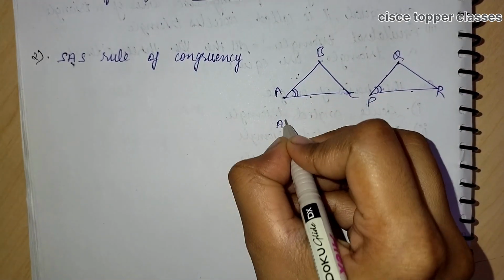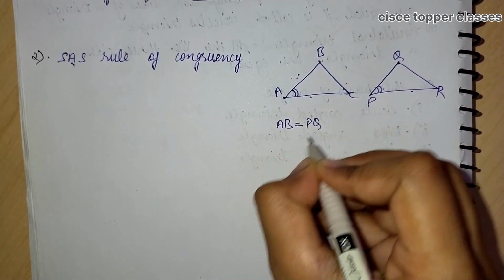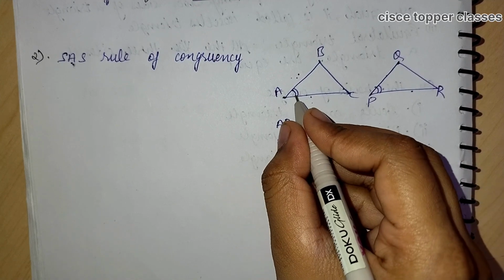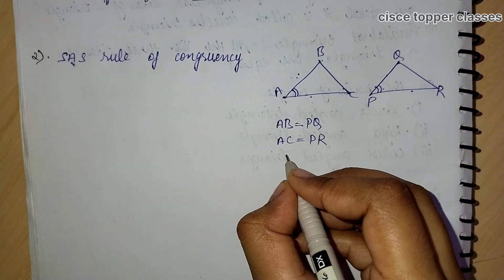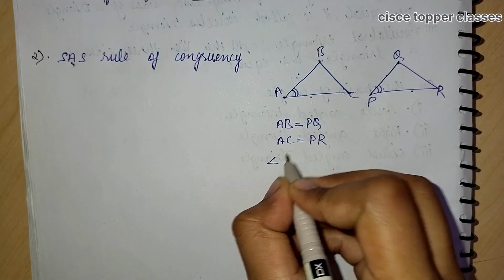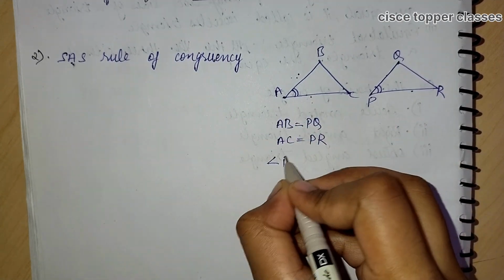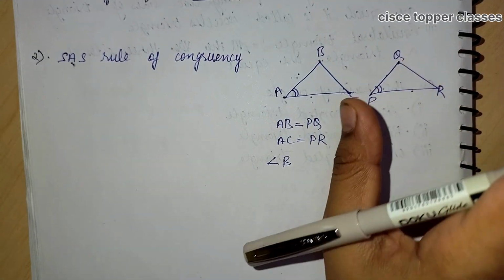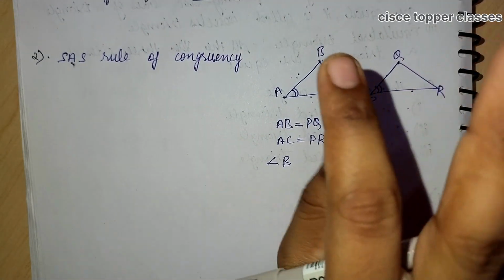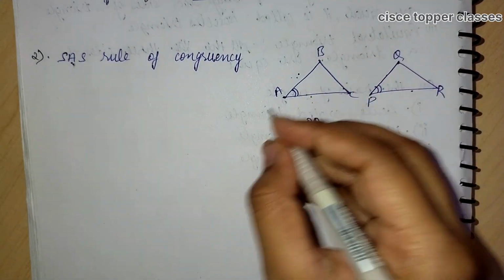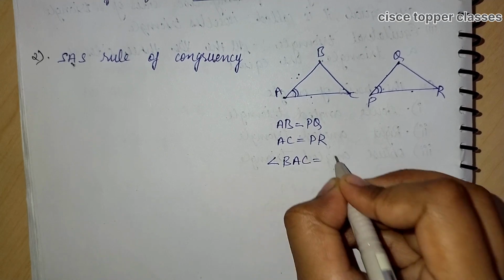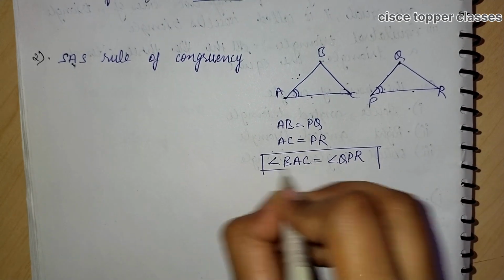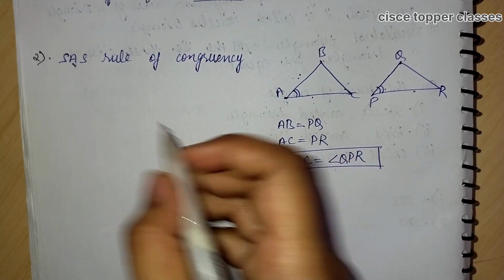If AB is equal to PQ and AC is equal to PR, then the angle between those two sides, angle BAC, should also be equal to angle QPR, to prove the congruency of triangles.